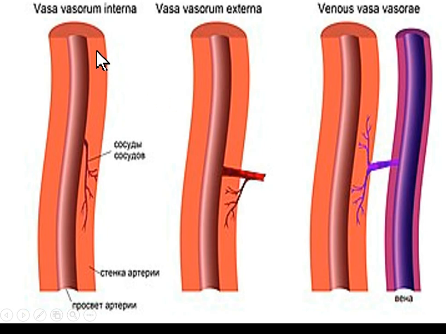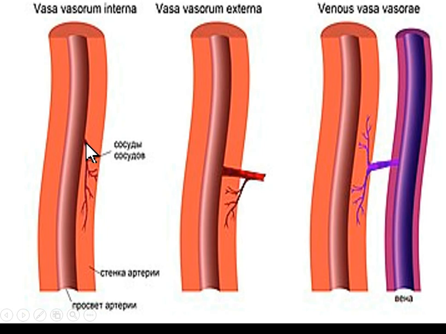We can see the structure of the artery. On the adventitia we can see the vessels of the vessels, which nourish the blood vessel: the vasa vasorum. There are internal vasa vasorum and external vasa vasorum.